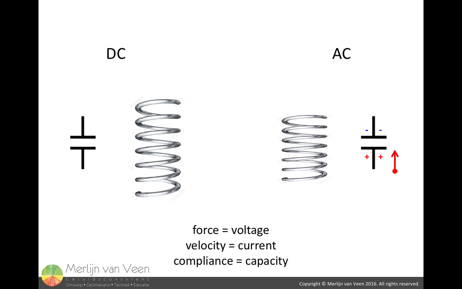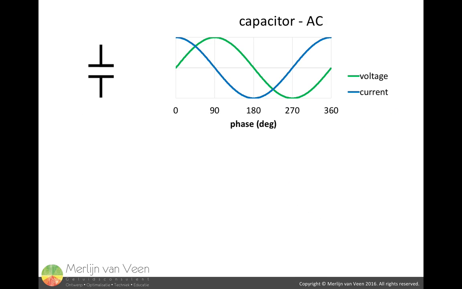From an alternating current or AC point of view, current will flow whenever we alternately charge the plates. When voltage is at a maximum, current is zero. But when the voltage changes from positive to negative or vice versa, current increases.